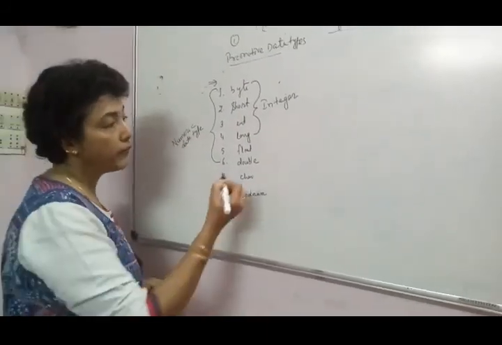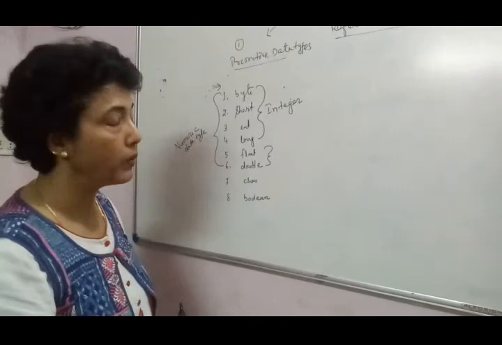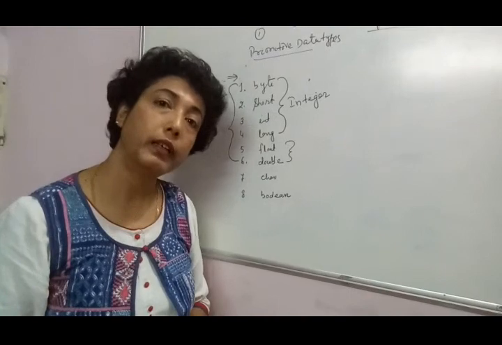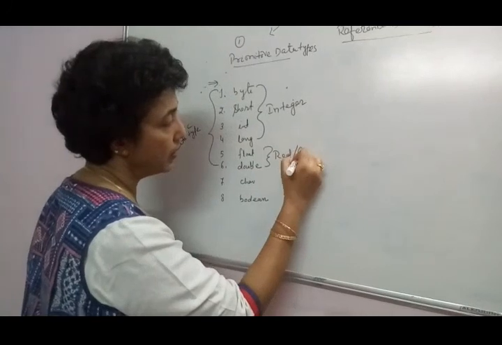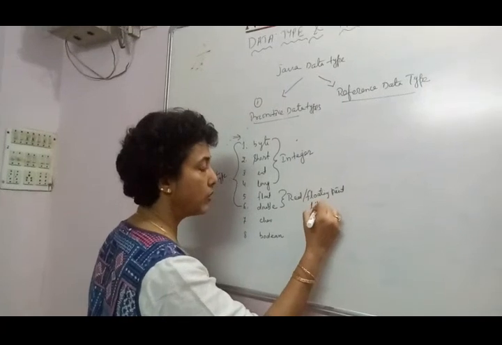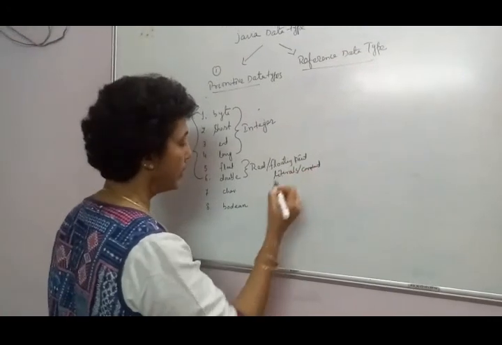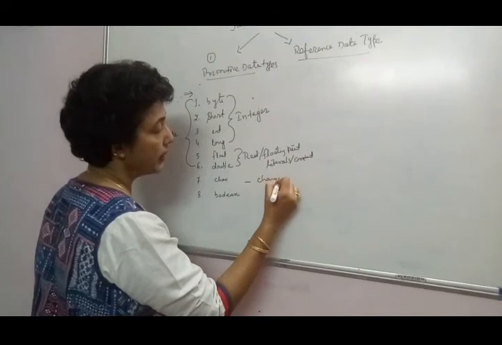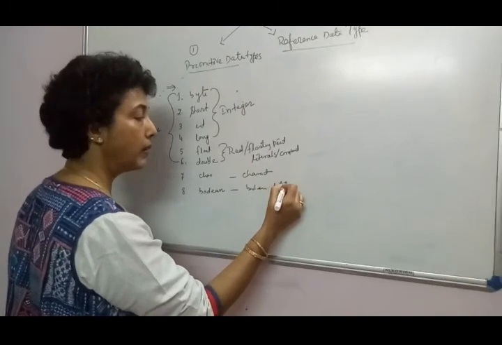Next, the 5th and 6th, float and double, are used for storing a real or floating point number, or a number with a decimal point. So this is used for real or floating point literals or constants. The 7th one, char, is used for storing a character, and boolean is for storing a boolean data or literal.